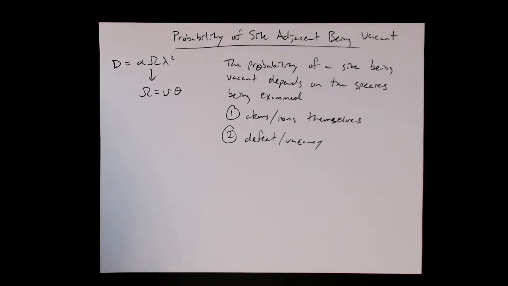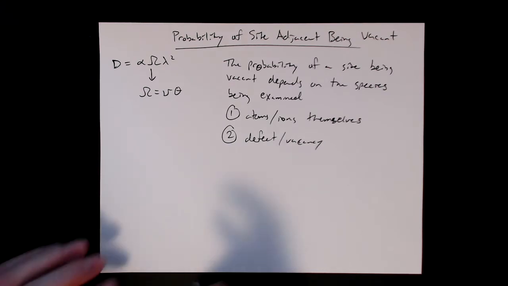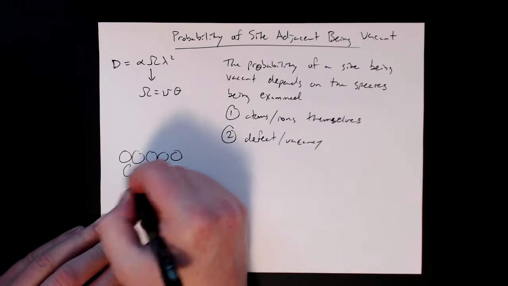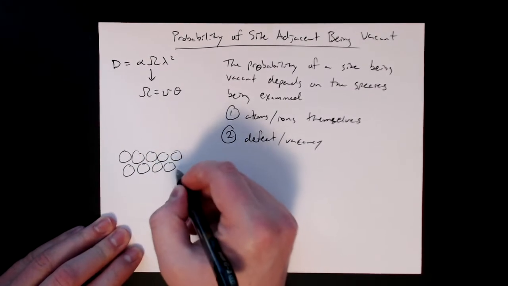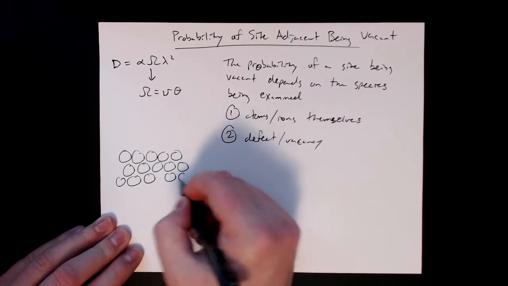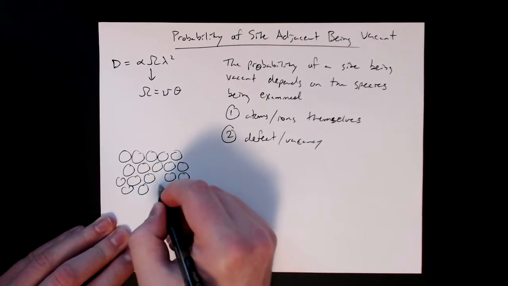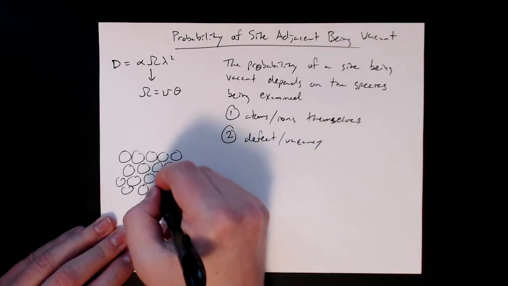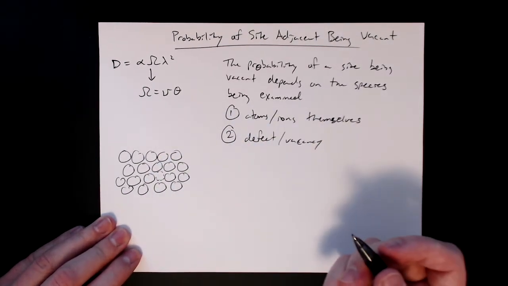All right, so let's now see if we can come up with what we think the probabilities are for the various species. I'm just going to sketch a simple structure that we can use to talk about this. Don't mind if it's kind of sloppy here, but we have a vacancy here.